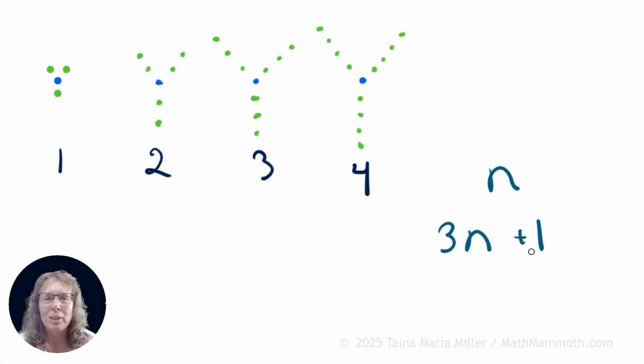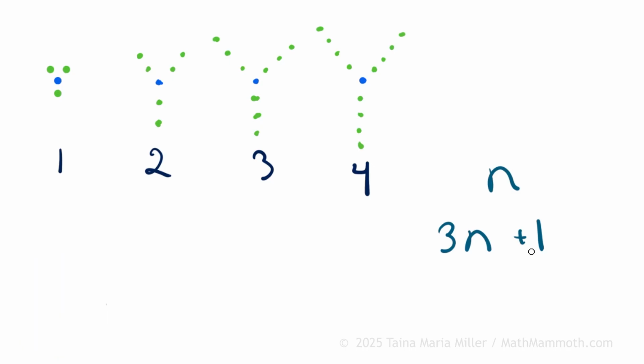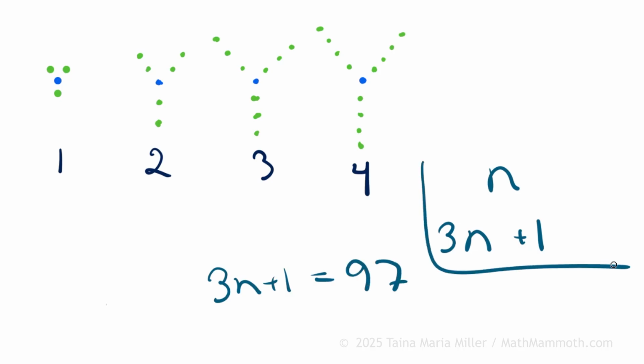Now let's solve the question: in which step would this particular pattern have 97 dots? You solve it first. I could use guess and check, or I could write an equation. 3n plus 1 equals 97. We can actually solve it by guess and check. 3 times a number plus 1 has to make 97.